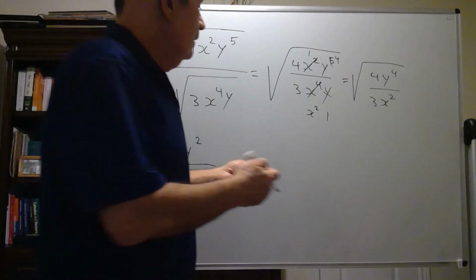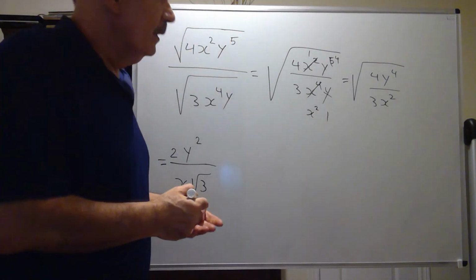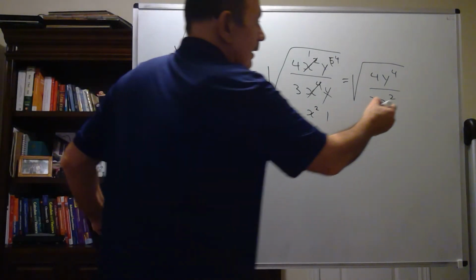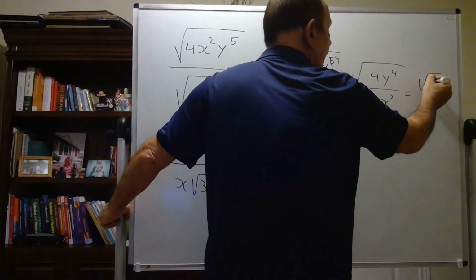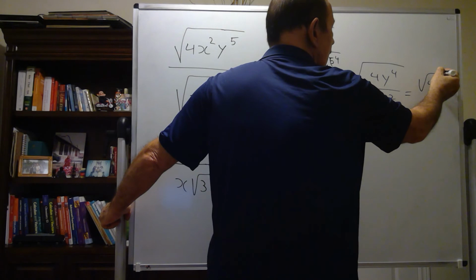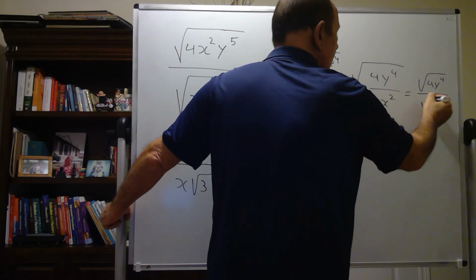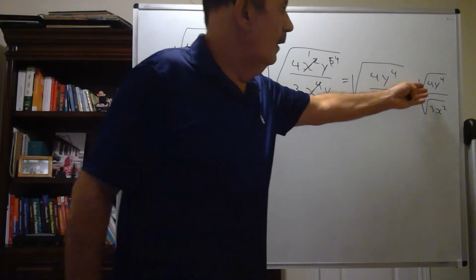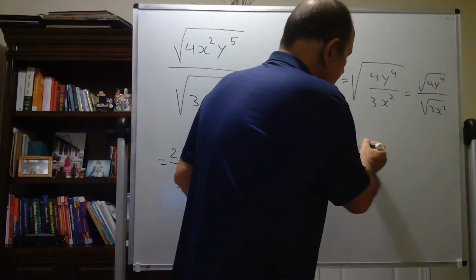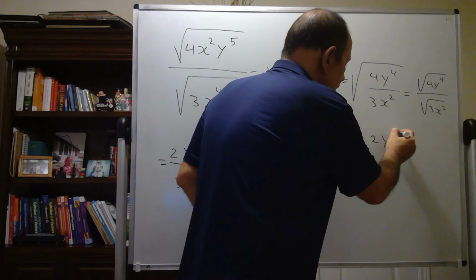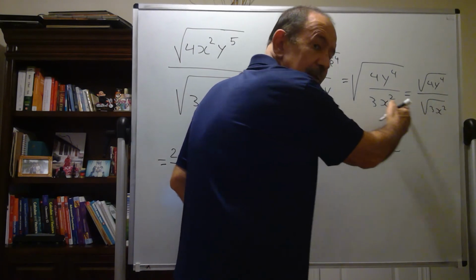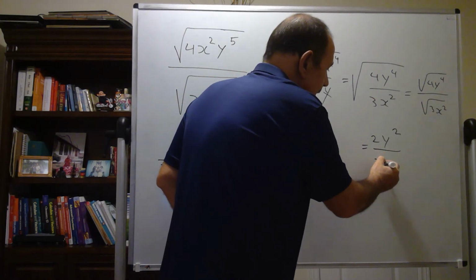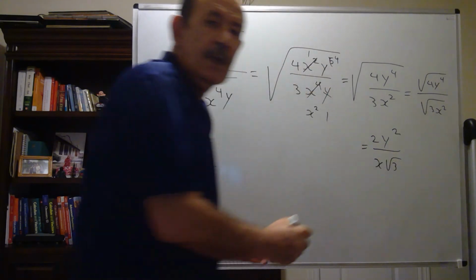Or I can just separate it again one more time, and write it as radical 4y to the power of 4 over radical 3x to the power of 2. Then 4y to the power of 4 gives me 2y squared, and this x squared comes out, giving me x radical 3.